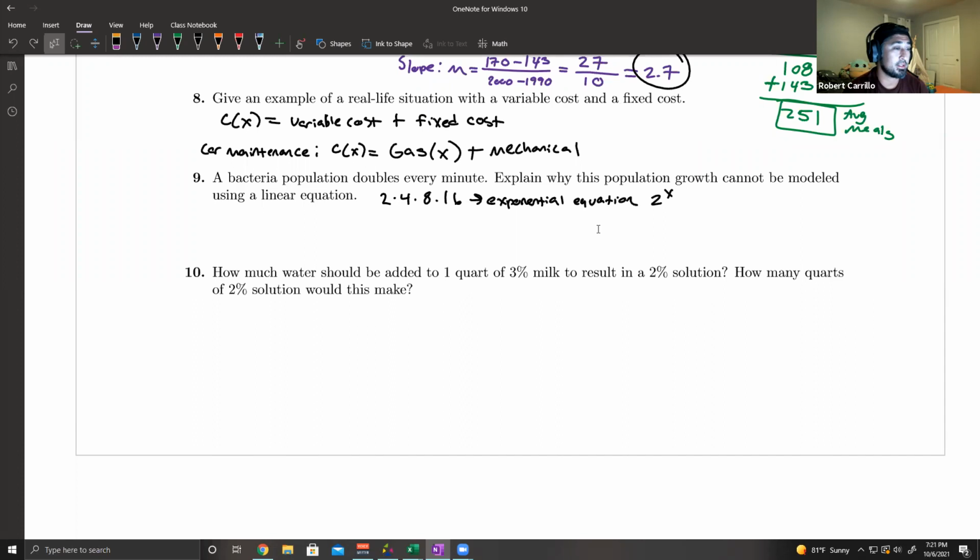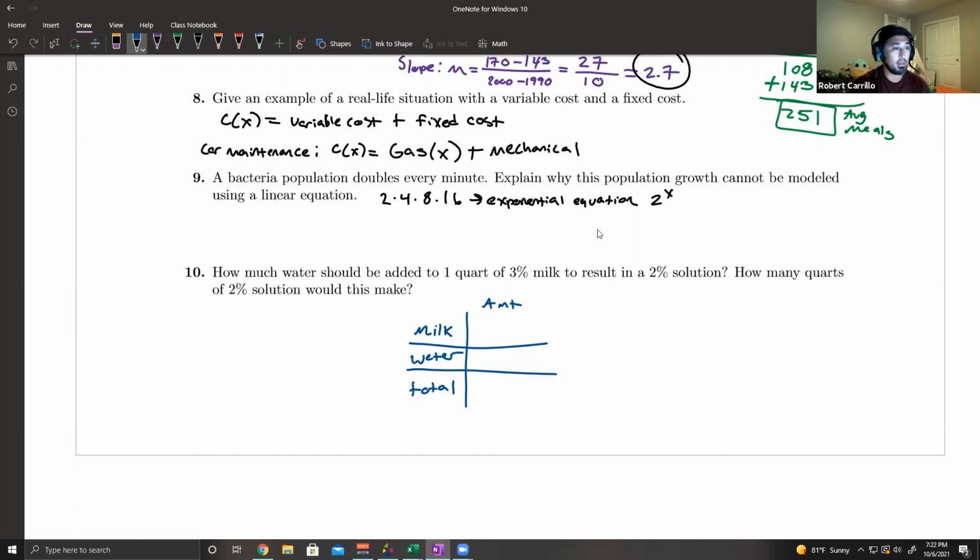How many quarts of 2% solution would this make? Okay. So this is like a refresher from the first test. Nothing crazy. So we have milk, water, and total solution. Okay. And then the amount of each one.